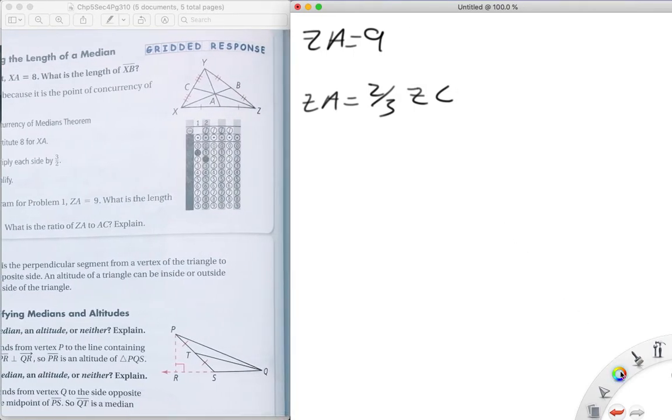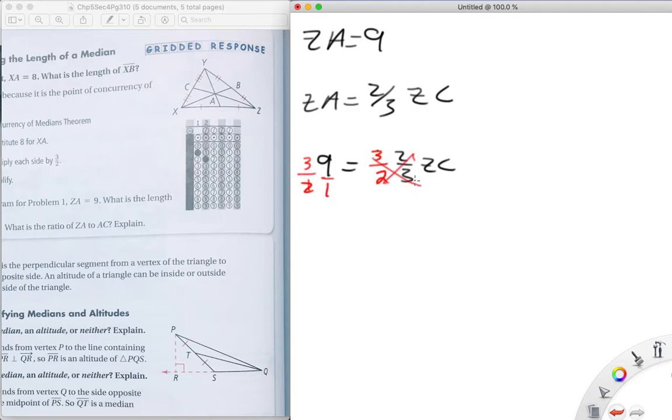Well, in order to find the length of CZ, we're going to substitute 9 for ZA, so 9 equals 2/3 ZC. In order to get rid of the fraction, we always multiply by its inverse, or its reciprocal. And what I do on one side, I do to the other.